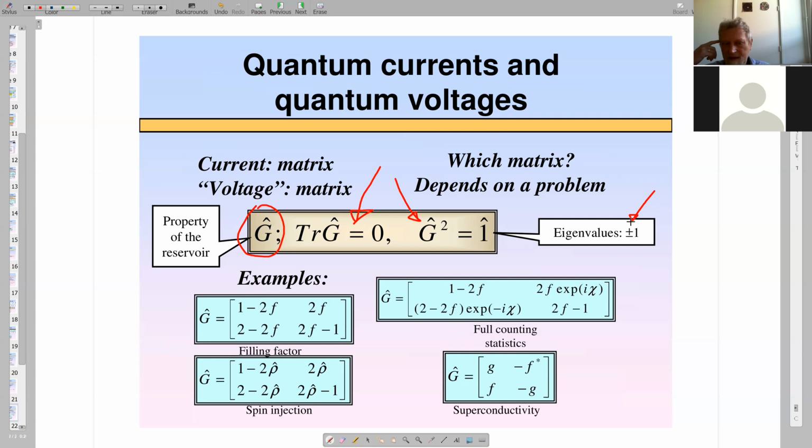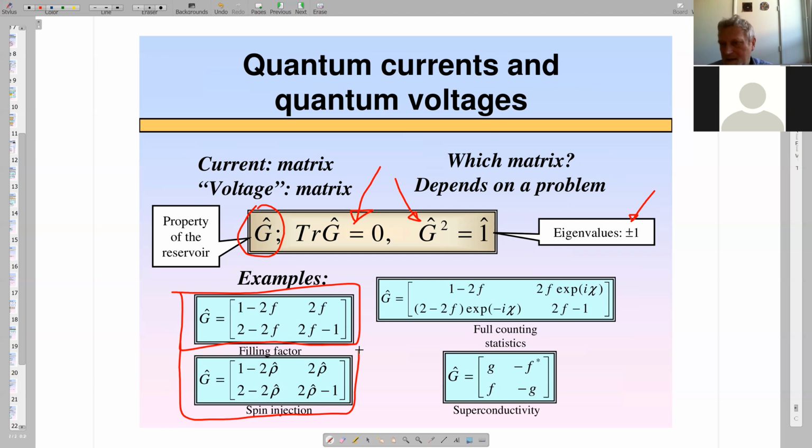For instance, I would look for a circuit theory which just reproduces Landauer formulas. Landauer formulas, filling factors are important. My matrix voltage would look like this. If I would like to have something more, if I would like to take into account that there are different filling factors for different spins, I add spin directions, so each filling factor will become 2 by 2 matrix with a spin degree of freedom.